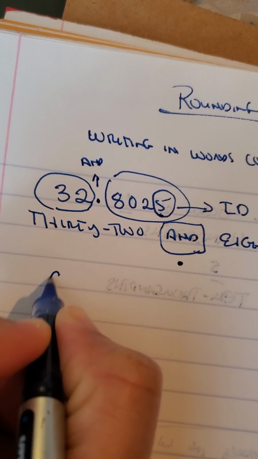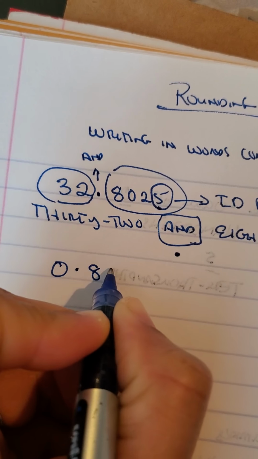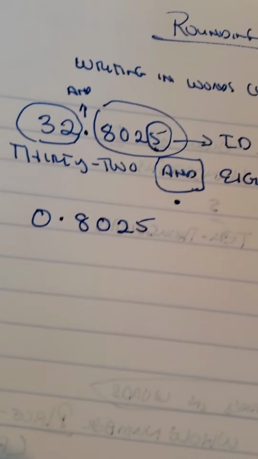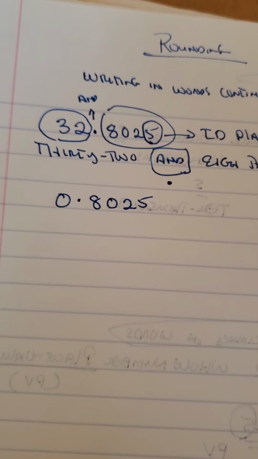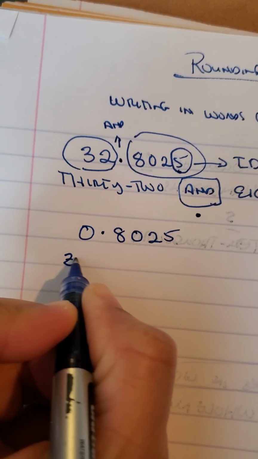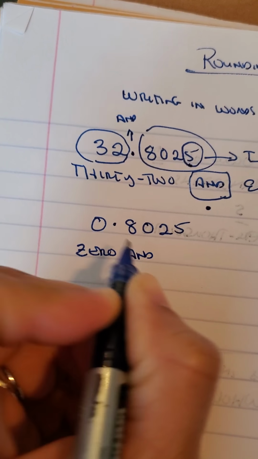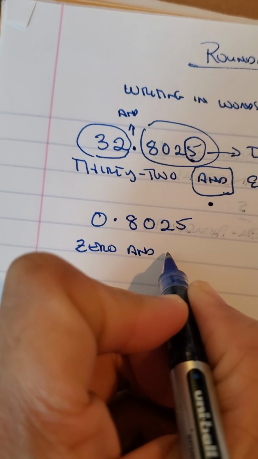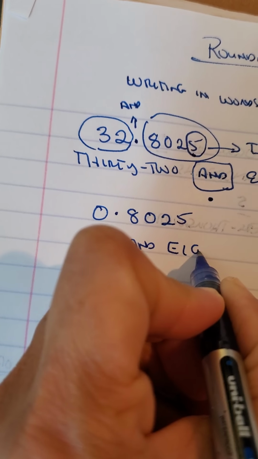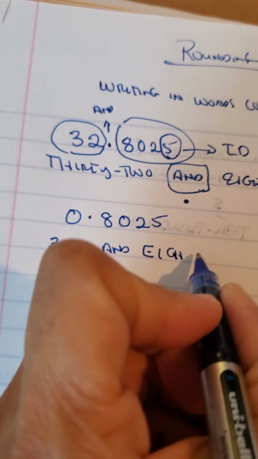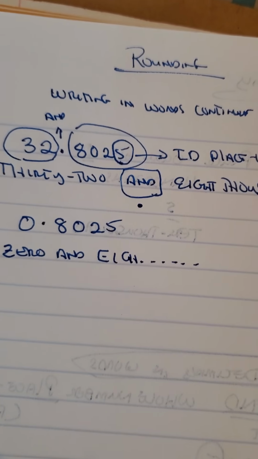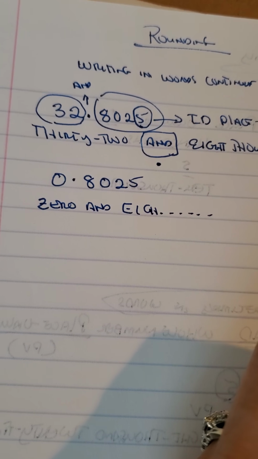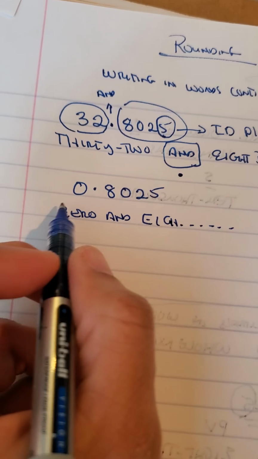So what I wanted to show you, what if it was just 0.8025? How would we put those in words? Now, some of you might be tempted to say 0 and 8,000, and I'm like, no. In this case, the 0 has no value.